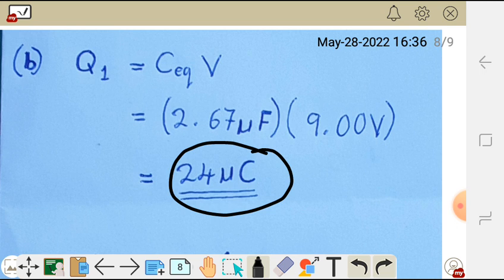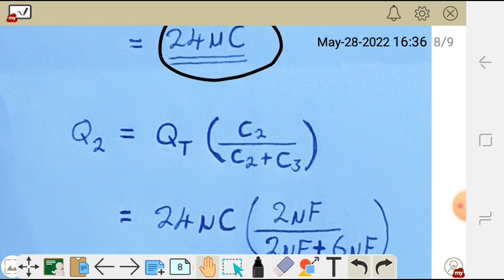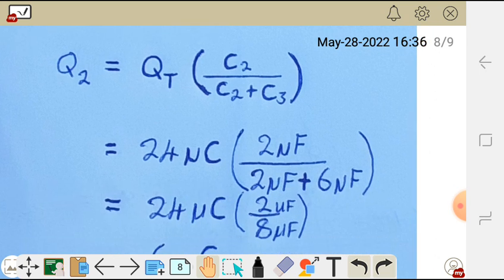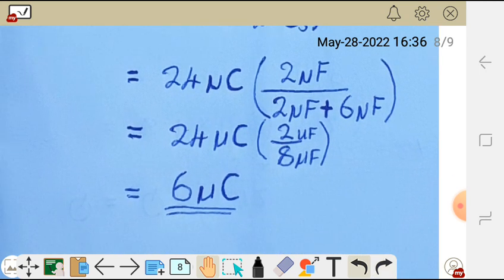So our Q2, since it is in parallel, is C2, which is 2, over the sum 2 plus 6, which is 8, multiplied by the total charge, 24.